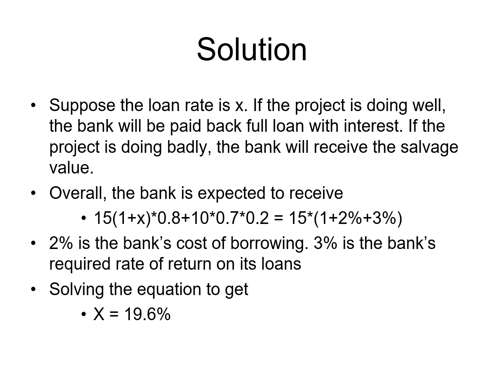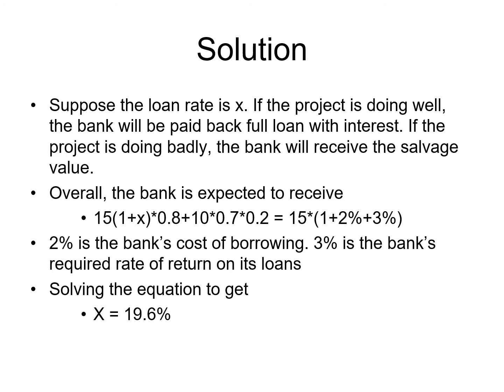Overall, the bank is expected to receive 15 times 1 plus X times 80% probability, plus 10 times 70% salvage ratio times 20% probability, which is equal to the required rate of return, 15 times 1 plus 2% plus 3%. Here, 2% is the bank's cost of borrowing. 3% is the bank's required rate of return on its loans.